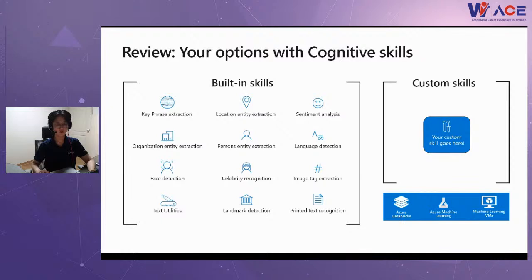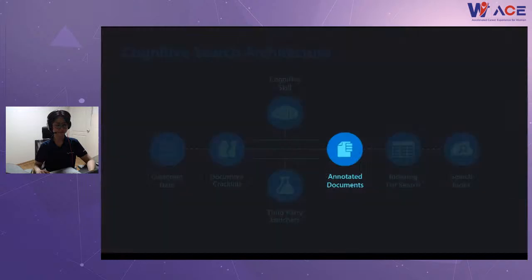So in short, with cognitive skills, you can take full advantage of built-in skills and custom skills together. You have flexibility here. Once skill sets are defined, you need to add them into the document.